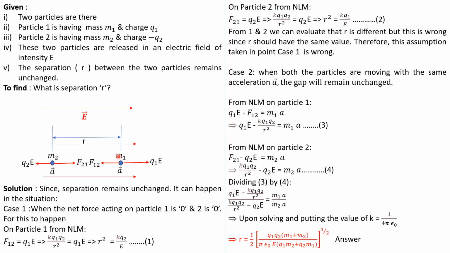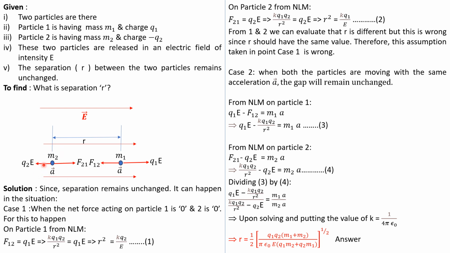Particle 1 has positive charge and particle 2 has negative charge, so it will attract. That is why the force on particle 1 due to 2 will be in this direction.